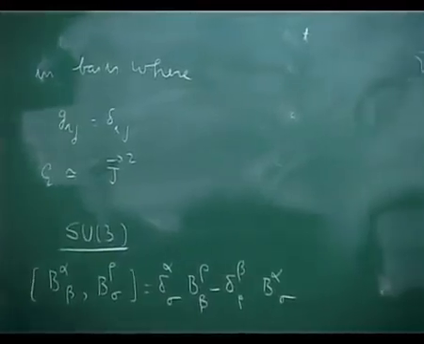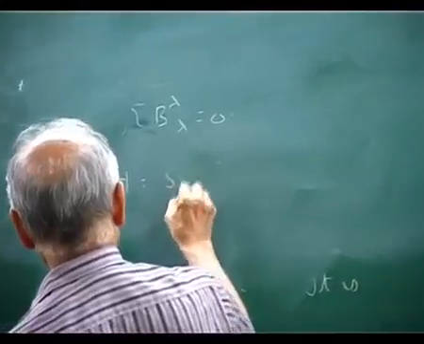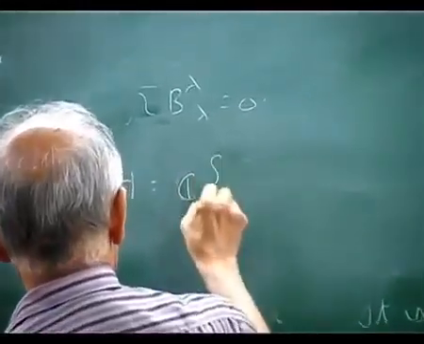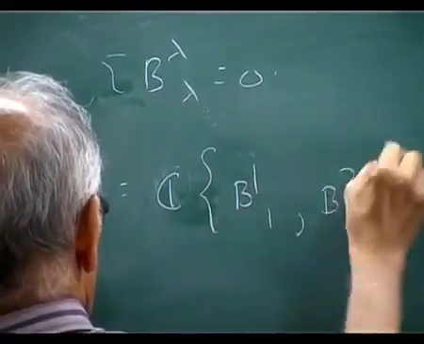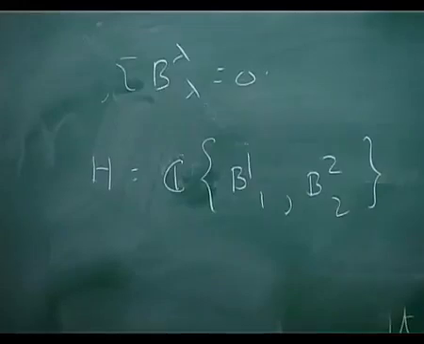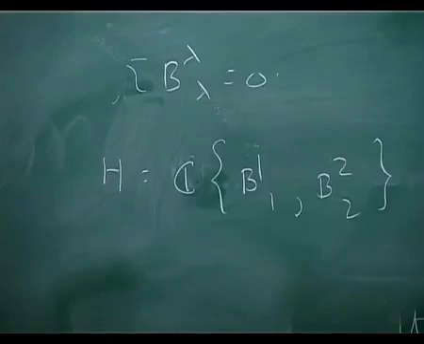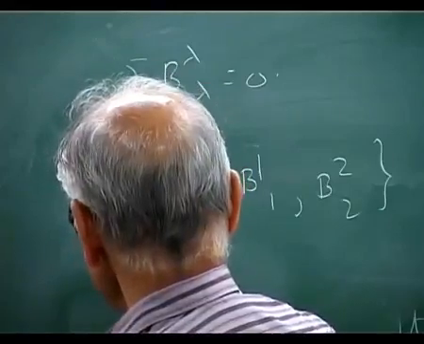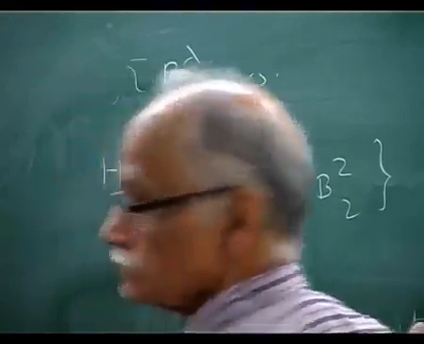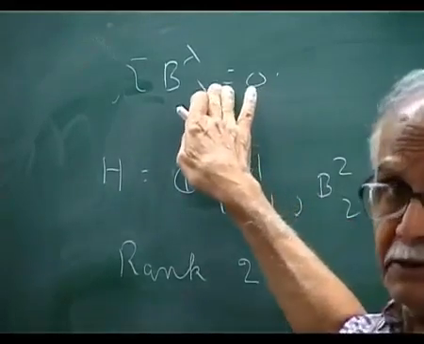So H is spanned by B11 and B22, because when I take the commutators I get delta_12, which is 0. So it is just two dimensional, so the rank is 2. B33 is fixed by B11 and B22 by this equation.